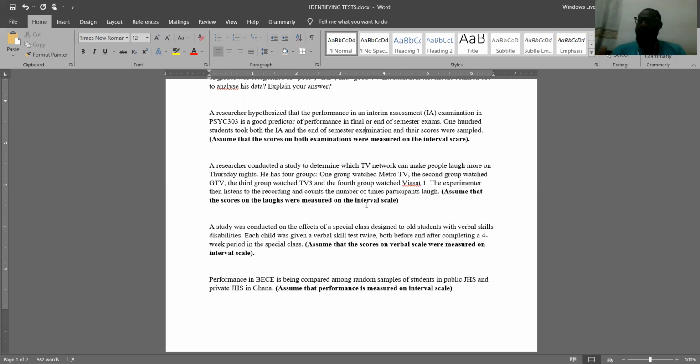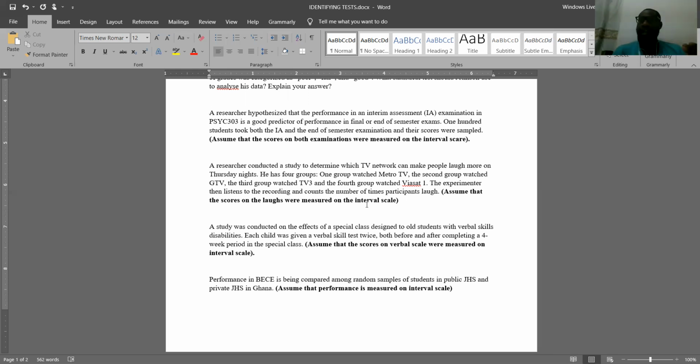Then you ask yourself, the two variables, that's IA and final exams, what scale of measurement do they fall under? And luckily, what they've bolded, they've indicated that the two exams are all on interval.